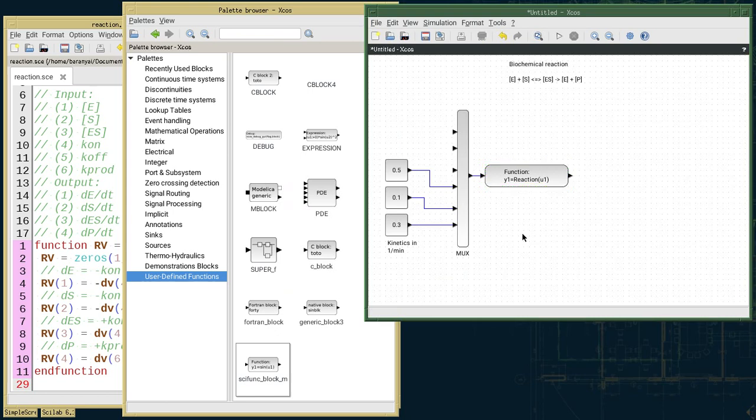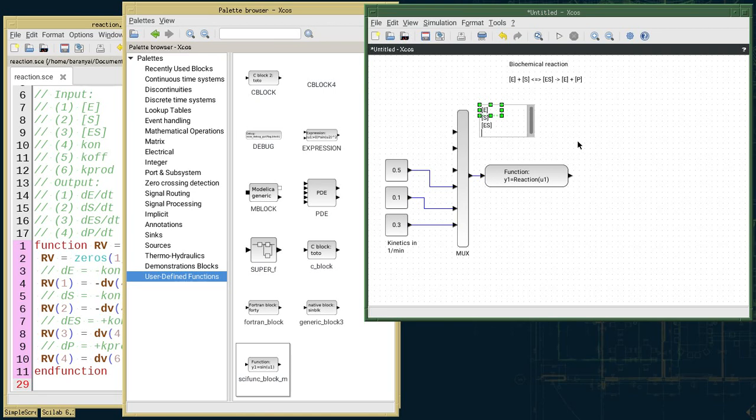I leave everything default. Okay, to remind myself what I need here, I can list all things. Enzyme is the first. The second is the substrate, just to remind myself how I have to connect them. Enzyme substrate is the third.